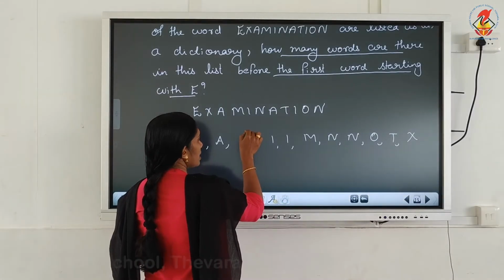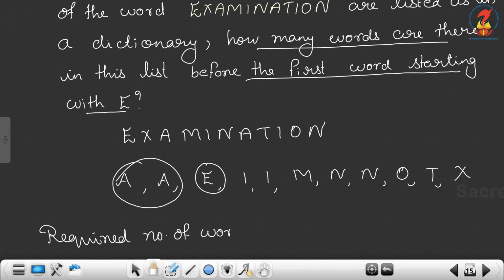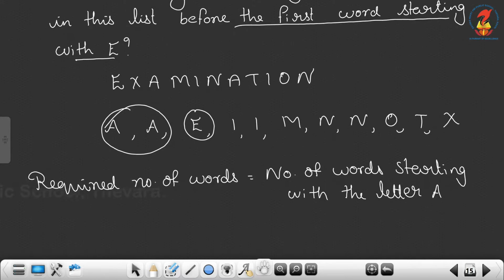So before the word starting with E means the number of words starting with the letter A. So the required number of words is equal to the number of words starting with the letter A.